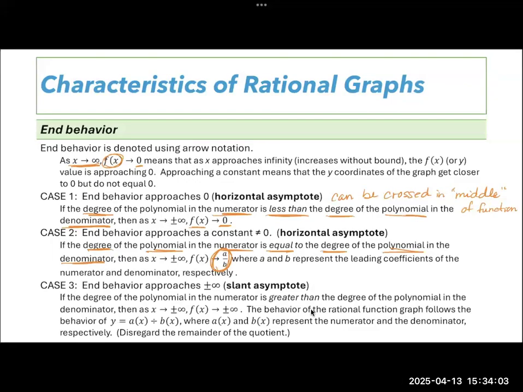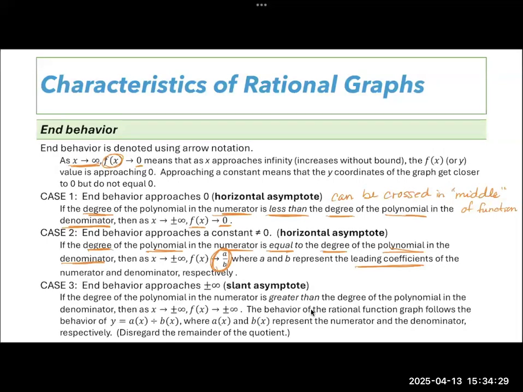And that value is going to be a over b, where a represents the leading coefficient in the numerator's polynomial, and b represents the leading coefficient in the denominator's polynomial. So you just take that a over b fraction, whatever value that is, and that is the value that our y values will be approaching in this case.